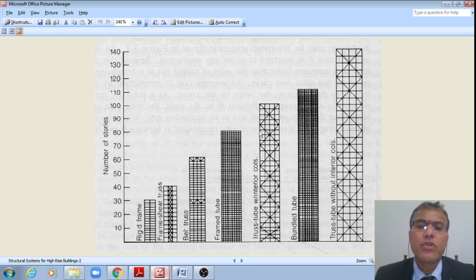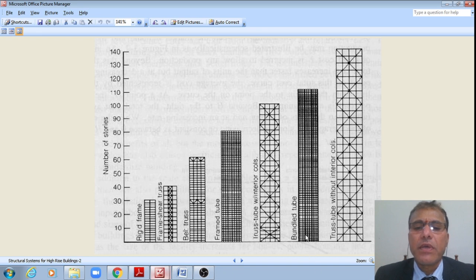Now we can see all these trusses with the entire frame acting as if a tube, which are connected by means of these trusses, with interior columns. It can be had up to 100-story buildings.